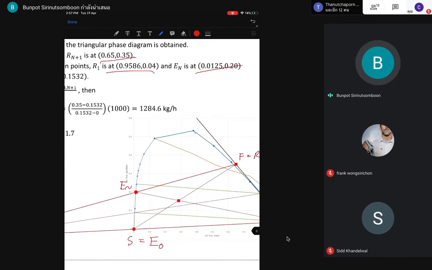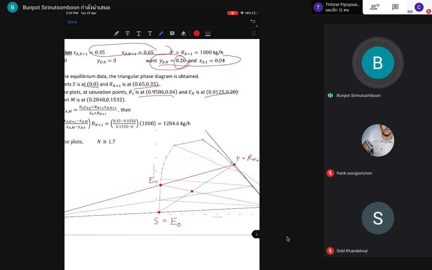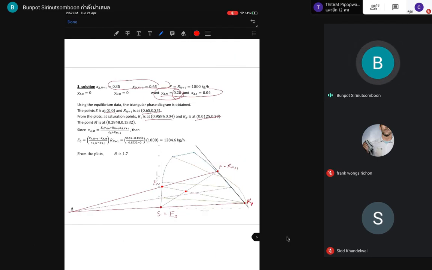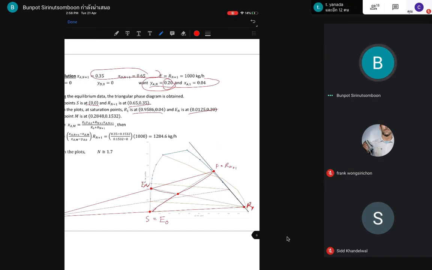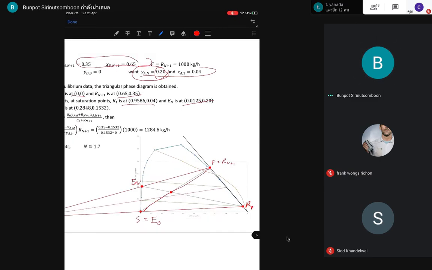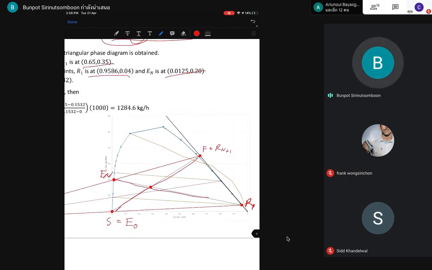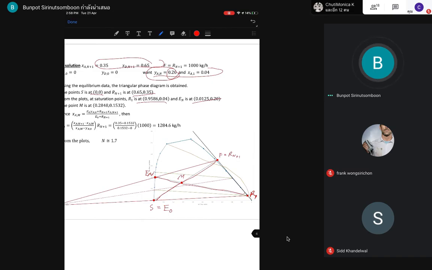So we know 4 points. Once we know 4 points, we can draw the intersection lines, and I get point M here. So I know that point M is this one right here.